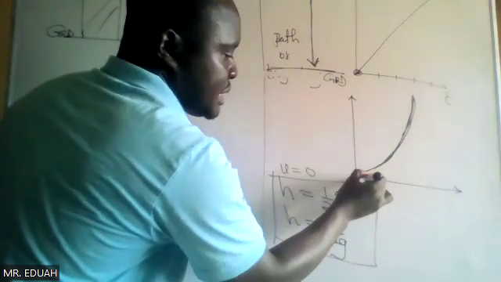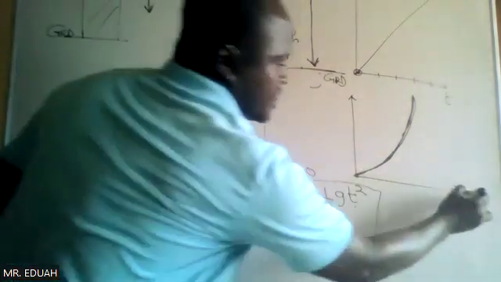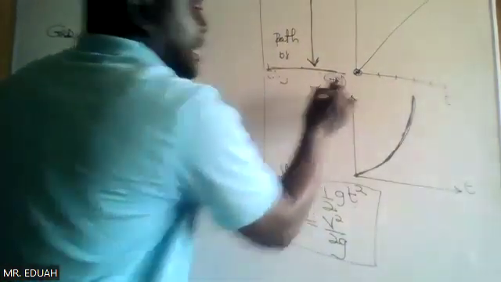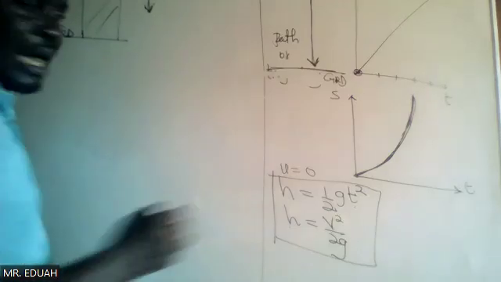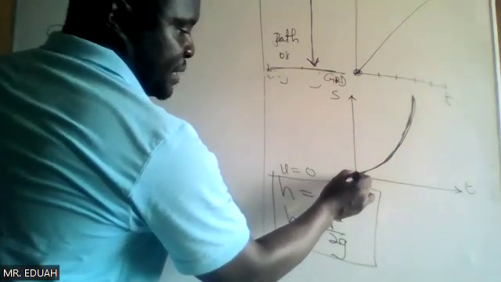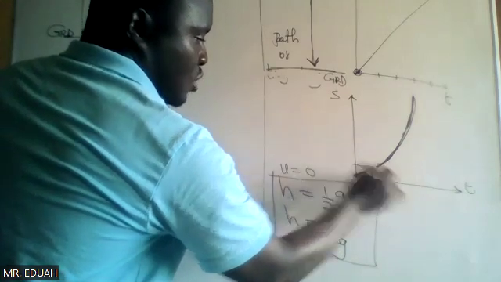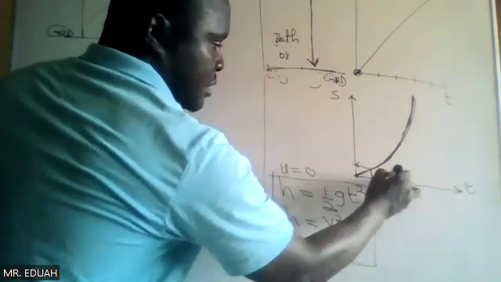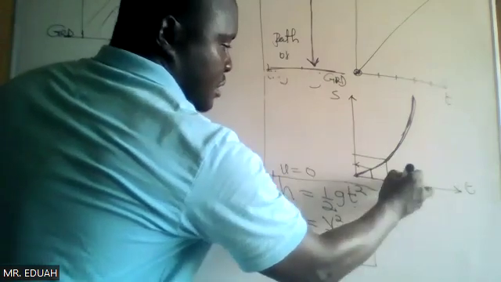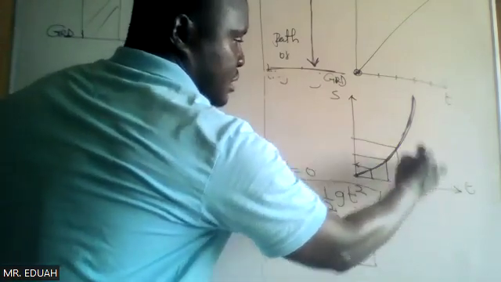So it also means that at t is equal to 0, this is t against s. At t is equal to 0, displacement is 0. As time increases, the displacement will also be increasing. It will also be increasing.